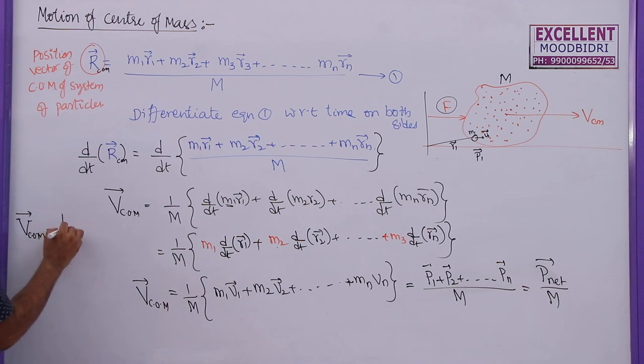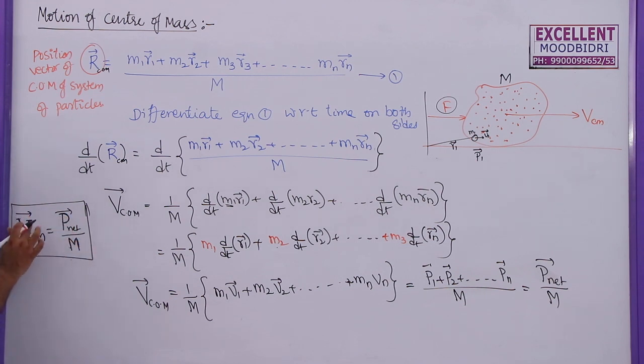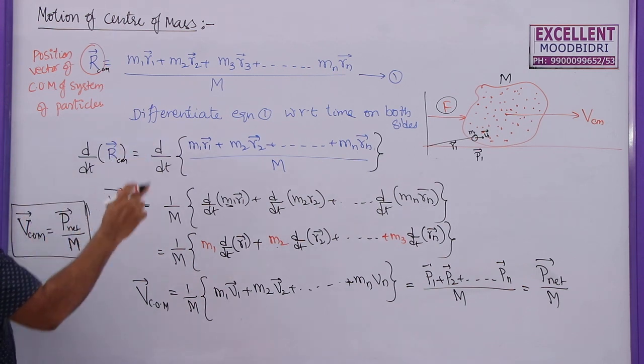V bar is equal to P net bar by total mass. So, momentum is equal to mass into velocity. This is the total momentum of the body. This is the total mass of the system. This is the total velocity. What is meant by total velocity here? That is nothing but the velocity of the center of mass of this body.